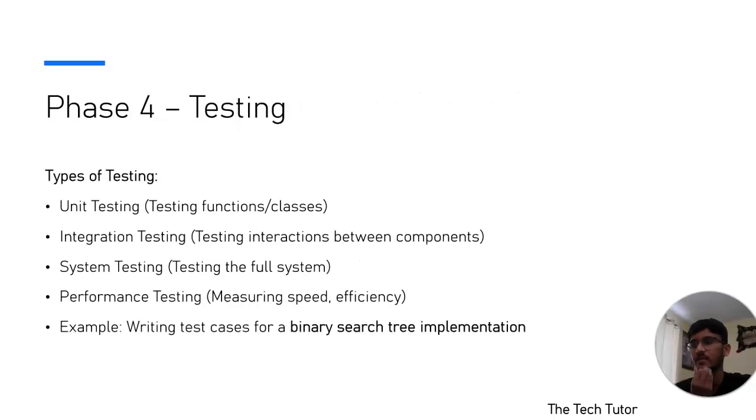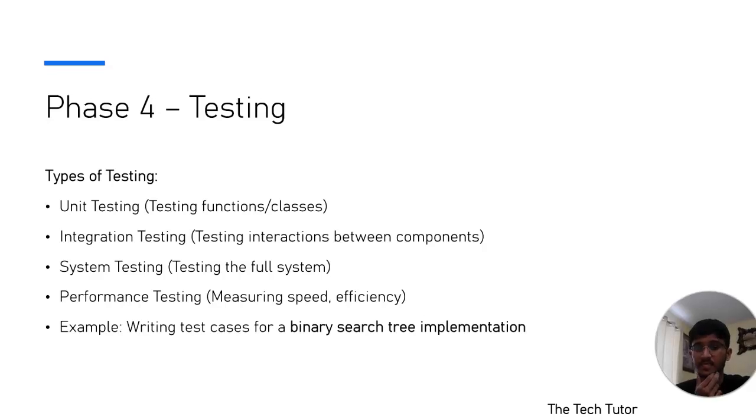Now coming to our next phase, the testing phase. Before launching, we need to test our code to catch bugs and ensure it works correctly. There are several types of testing. The first type is unit testing, which is testing individual functions or classes. Then we have integration testing, ensuring different modules work together.